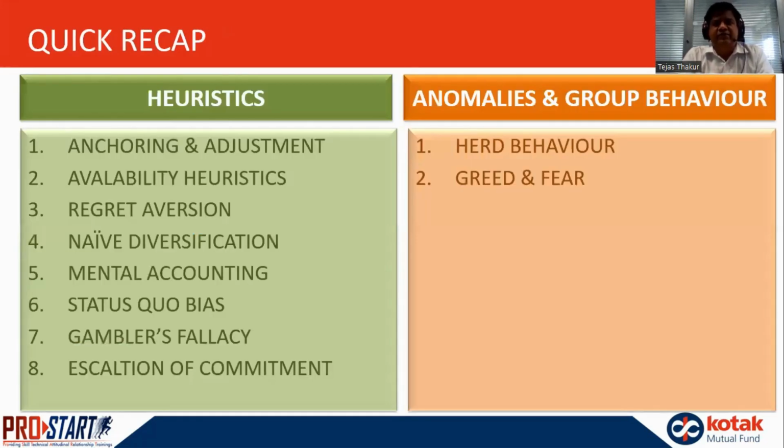In the last session, we covered heuristics like anchoring and adjustment bias, availability heuristic, regret aversion, naive diversification, mental accounting, status quo bias, gambler's fallacy, escalation of commitment, and anomalies in group behaviors like herd behavior or herd mentality, and greed and fear. What are we going to do in this session?